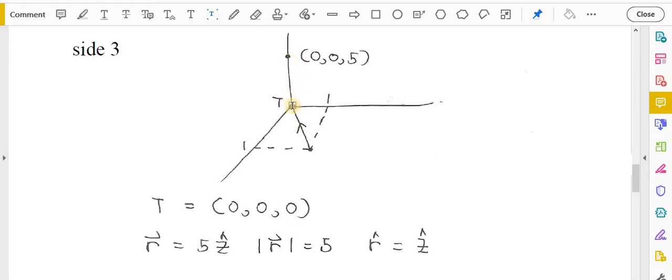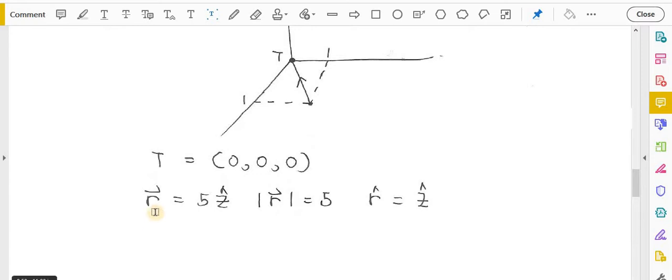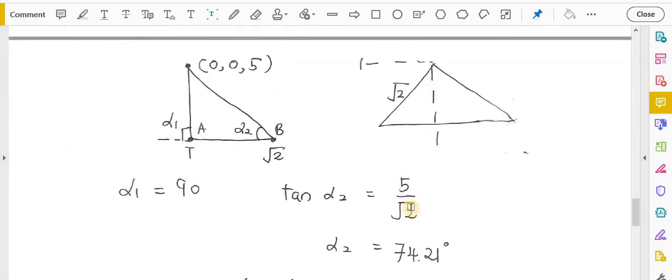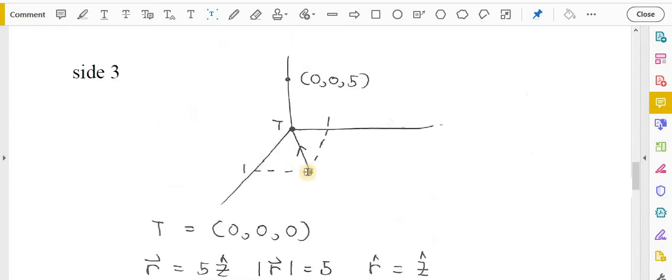When you extend it here, (0, 0, 0), the vector r will be 5z, the magnitude will be 5, and the unit vector r will be z. Next we find the angles alpha 1 and alpha 2. This is point T, (0, 0, 0), and this is point B, this is point A also.